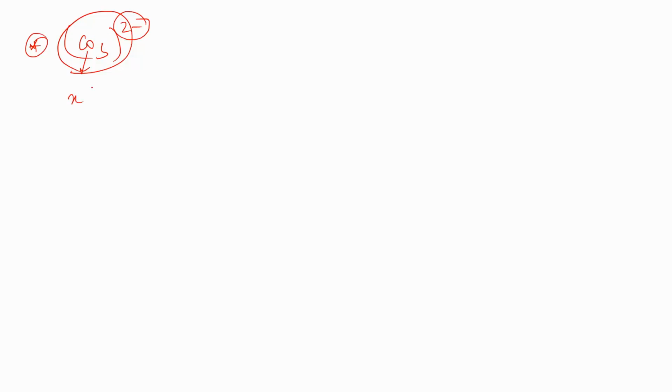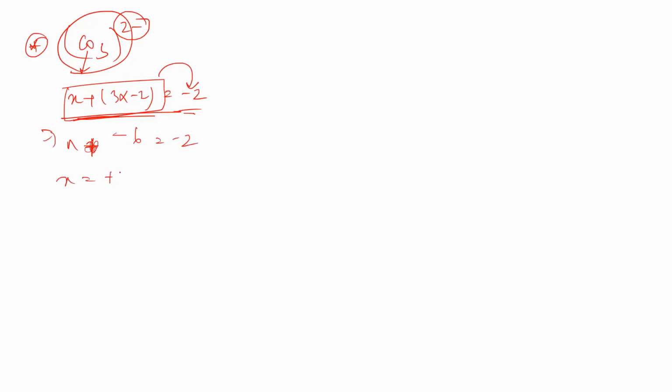So X plus 3 times -2, that is X minus 6, equals -2. So X equals +4. So carbon has a +4 oxidation state. So this is for the anionic species: the sum of the oxidation numbers is equal to the charge.